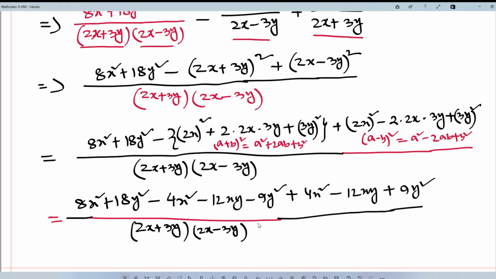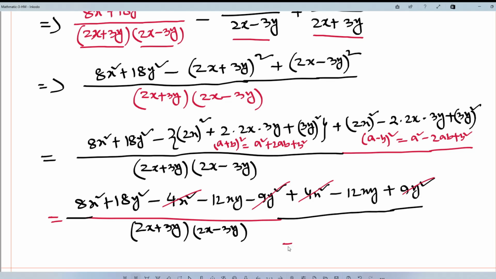Now what can we do? Look, plus 9y² and minus 9y² cancel, and plus 4x² and minus 4x² also cancel out.